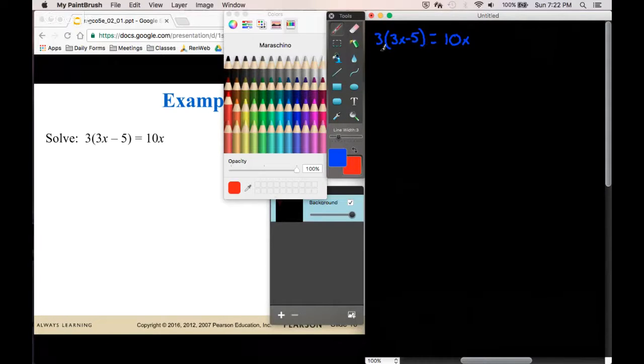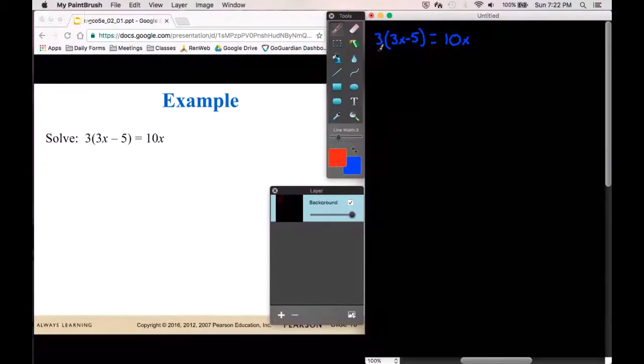There's nothing you can combine here, so you're going to distribute. In distributing, you need to send this 3 through to both parts of the interior of the parentheses. So 3 times 3 is 9x, minus 3 times 5 is 15, equals 10x.